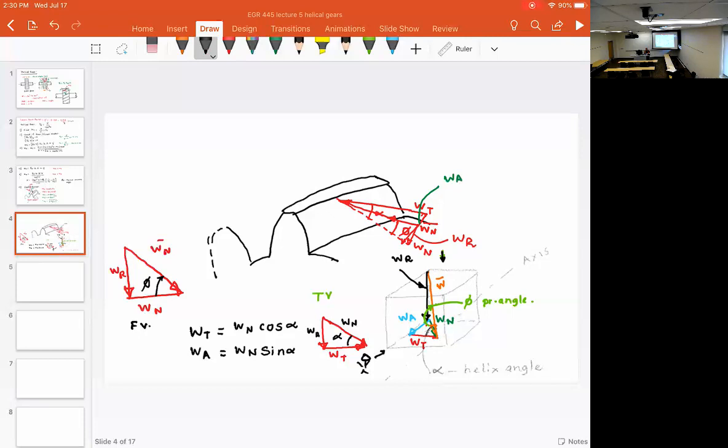So everybody understood this? Wr is vertical and Wt is going to be horizontal, but in the calculation of Wr and Wt, you have to be very careful. Wa is going to give you an axial load.